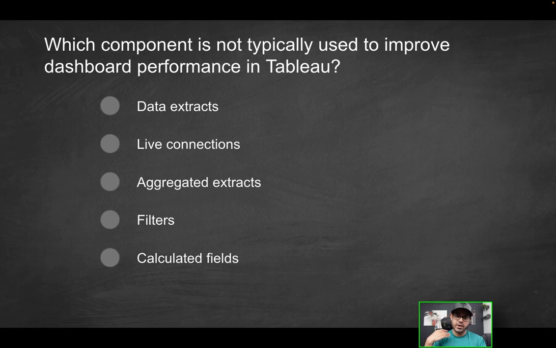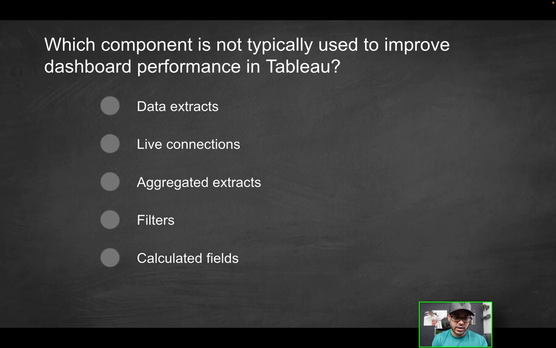Absolutely, because instead of having to pull that data real time every time you go to a different sheet on a dashboard, or you filter through, or you select a different parameter, all the data is already there, right? So extracts do help with performance, so that can't be the correct solution. On the other hand, live connections, as I just mentioned, they're not used to improve performance. They actually hinder performance. So that's going to be the most viable solution so far.